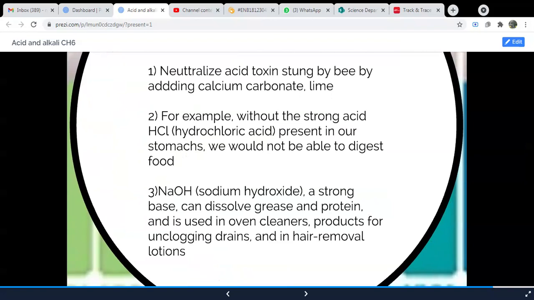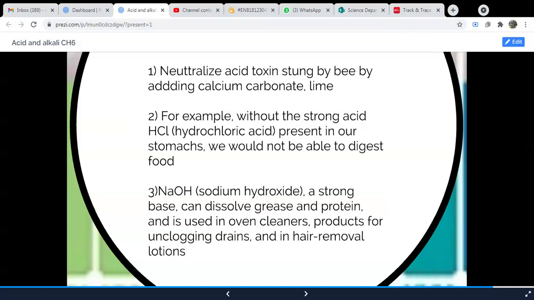So in order to cure the toxin, we can add some calcium carbonate. Calcium carbonate is an alkali, so it will neutralize the toxin and reduce the pain of the sting.